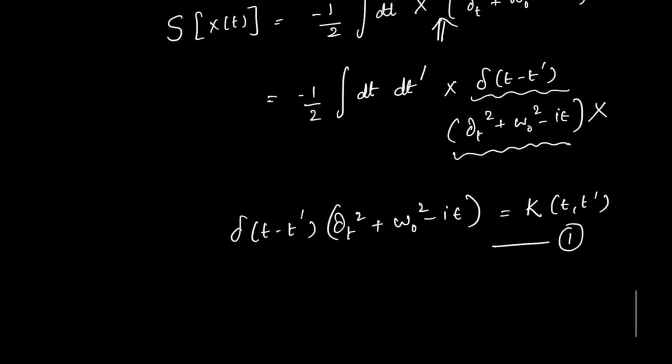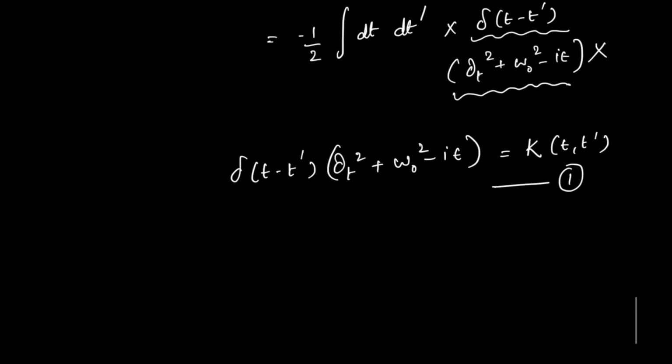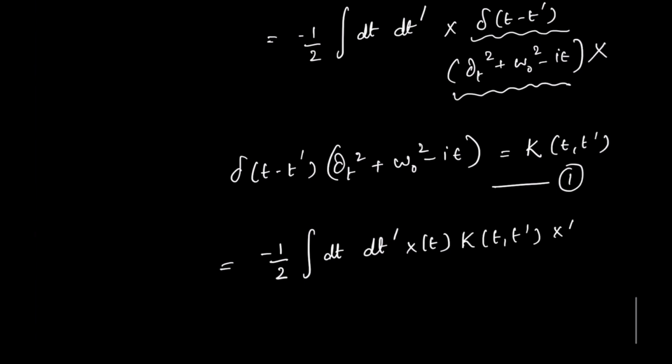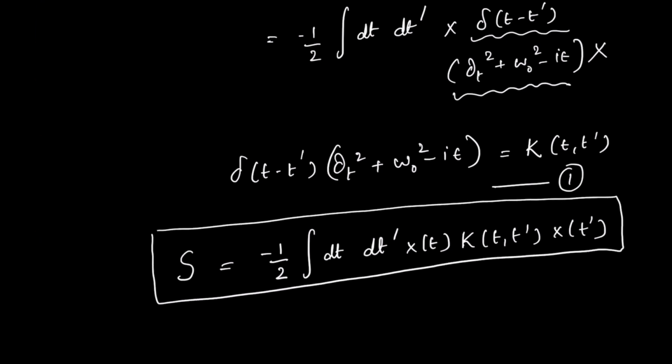Then I can write the action as minus half integral dt dt prime x of t k of t prime x of t prime. So the action has a matrix structure.